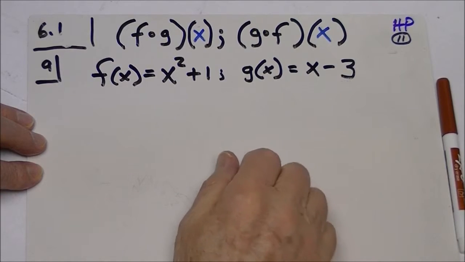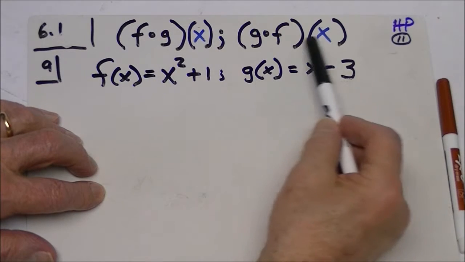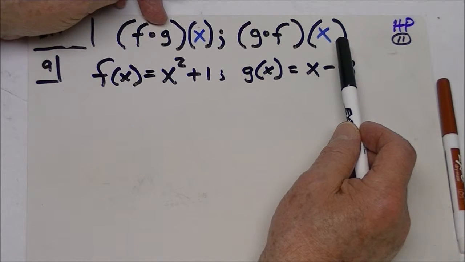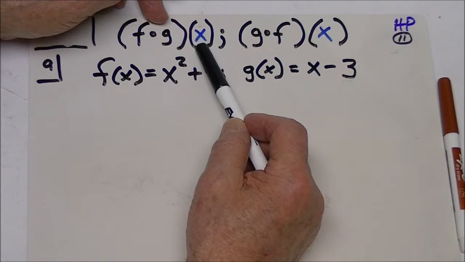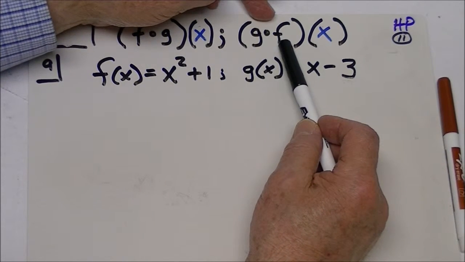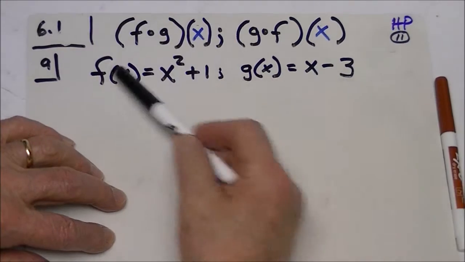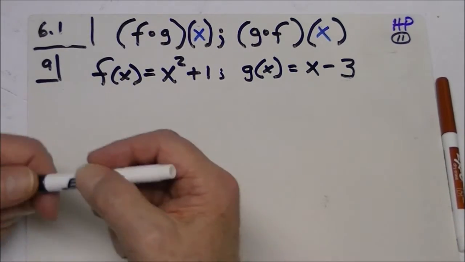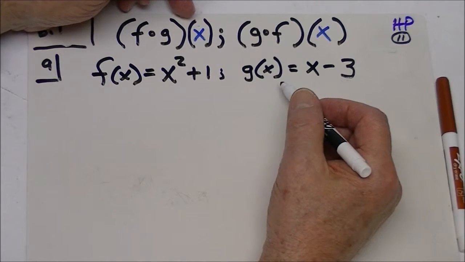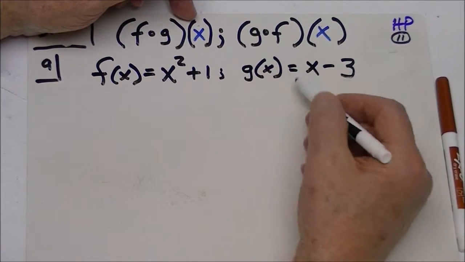Now in part C of example 9, we're using the same protocol. That is, we want composition of f with g, where our value will be x. And for the second part, g composed with f, where our value is x. So again, how do we do that? Well, in this case, we're going to take the value for g, this function, and that will be our x.